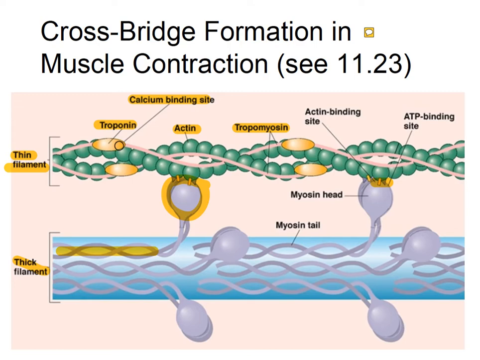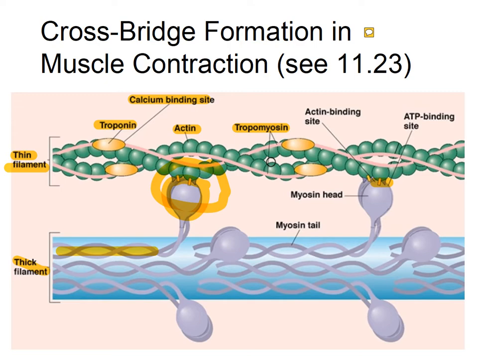When calcium binds to troponin, it changes the shape of troponin. Since troponin is attached to tropomyosin, that will lift tropomyosin out of the groove of actin.